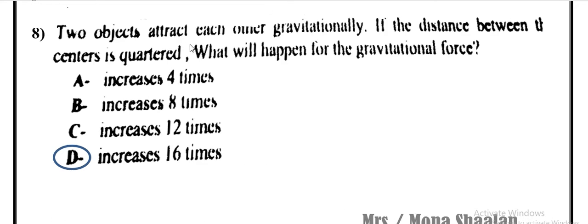Two objects attract each other gravitationally. If the distance between their centers is quartered, what will happen to the gravitational force? The gravitational force is inversely proportional to the square of the distance. Distance quartered, so the gravitational force will increase by 16 times.